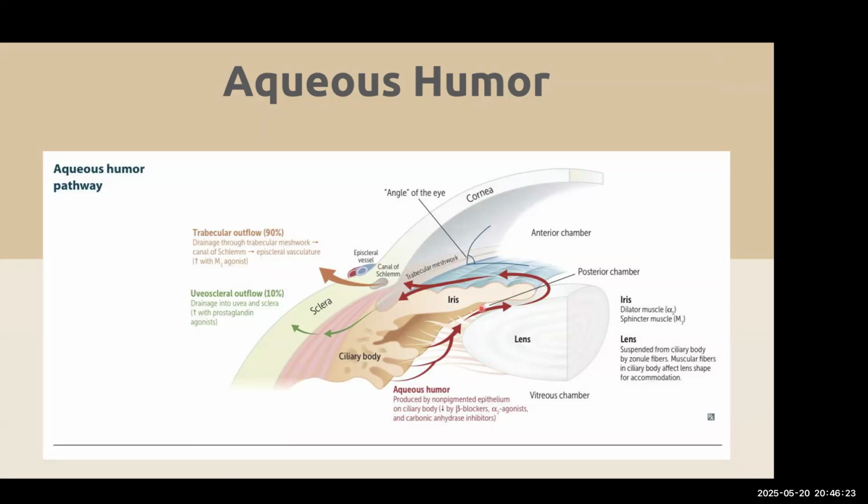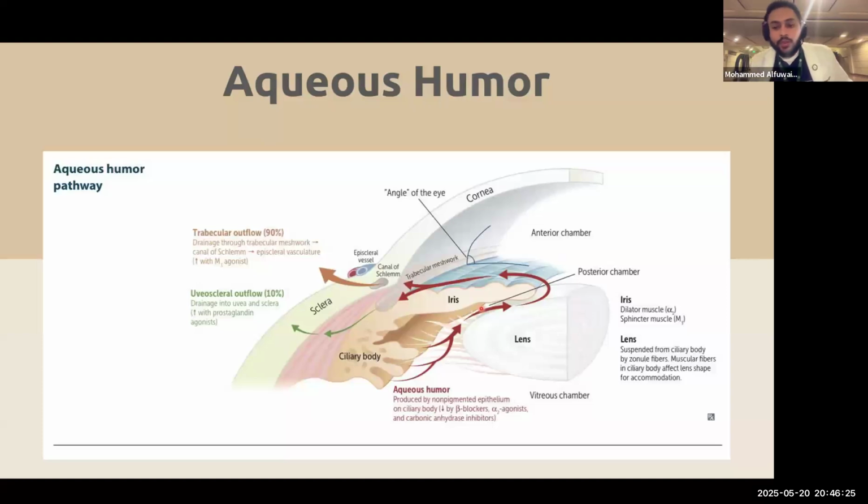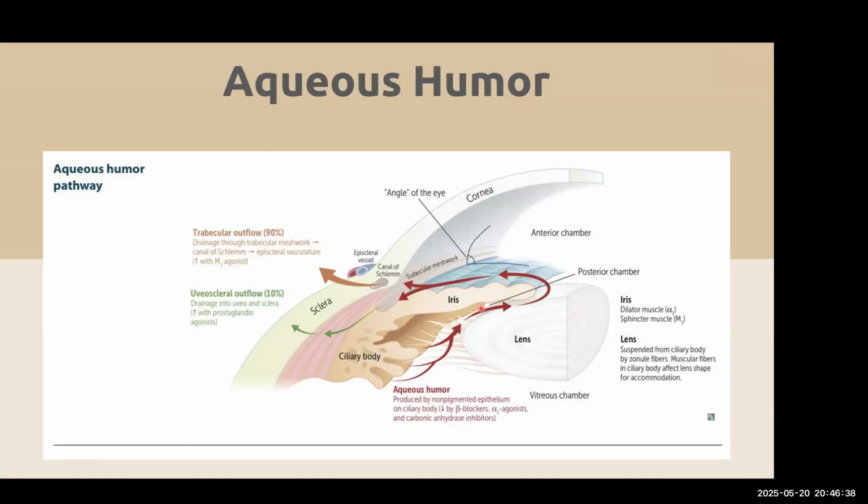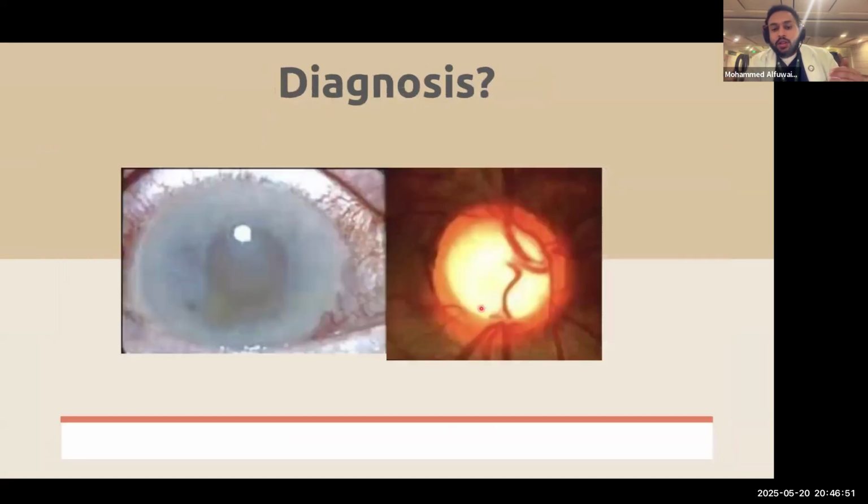Good, it's called tonometry. Tonometry checks the intraocular pressure. What is the normal range of the intraocular pressure? It's 10 to 20, or 10 to 21 to be more specific. This is the normal range. Above 21, glaucoma.